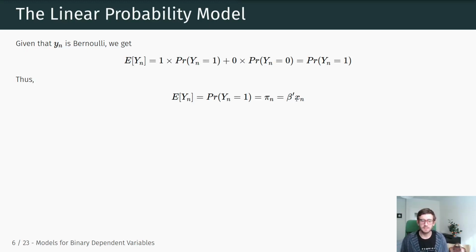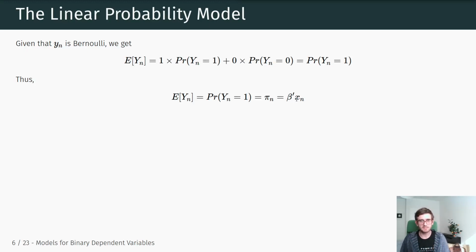Okay. So ultimately, that means, of course, that the probability of observing a success in this linear probability model is constant in the predictors, right? So a 1 unit increase in x1 or a 1 unit increase in x2 and so on always leads to the same change in the predicted probability of observing a 1, okay.